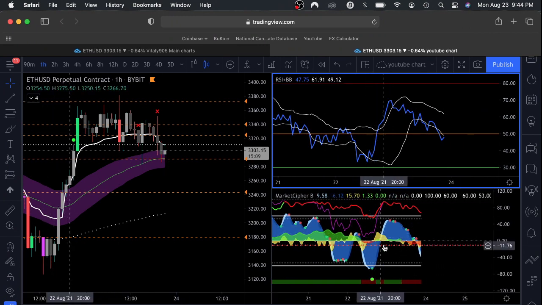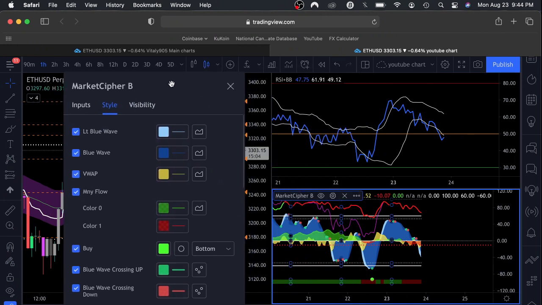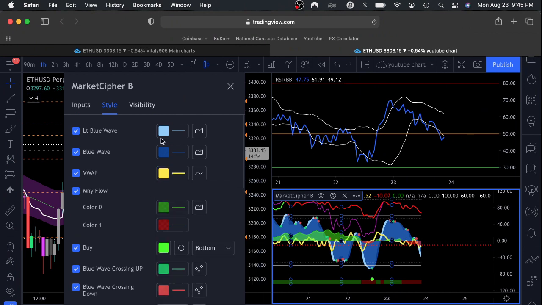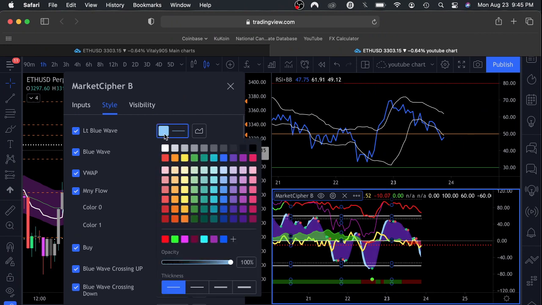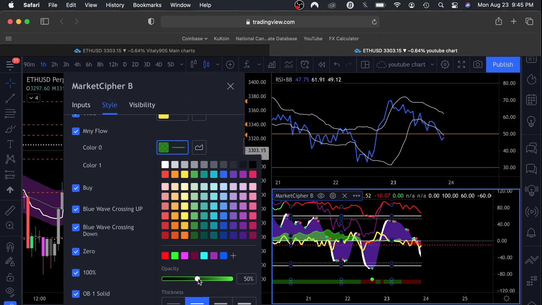And then for Market Cipher B, I turn a lot of this stuff off too. This VWAP, I like to use as a line and turn this up. Let's make the waves a different color. Make it darker. This, I want to see white. And you've got your money flow.